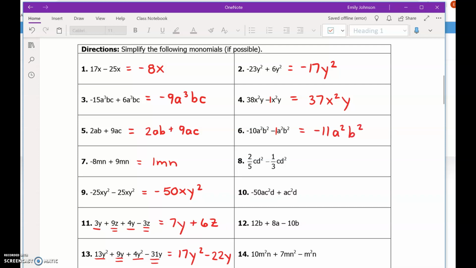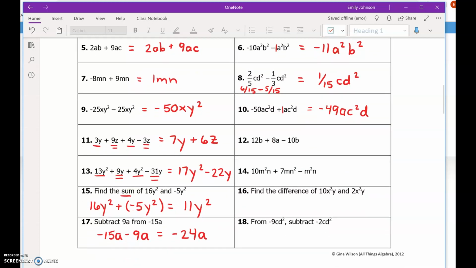The fraction one may have been a little difficult for you without your usual calculator, but if you change them to terms with common denominators, you would have 6/15 and 5/15. So when you subtract them, you get 1/15 cd squared. Number 10, negative 50 plus 1, we would have a negative 49ac squared d.